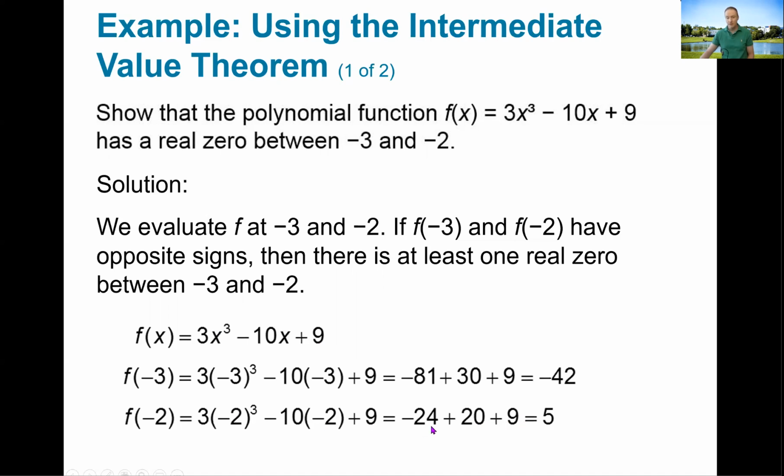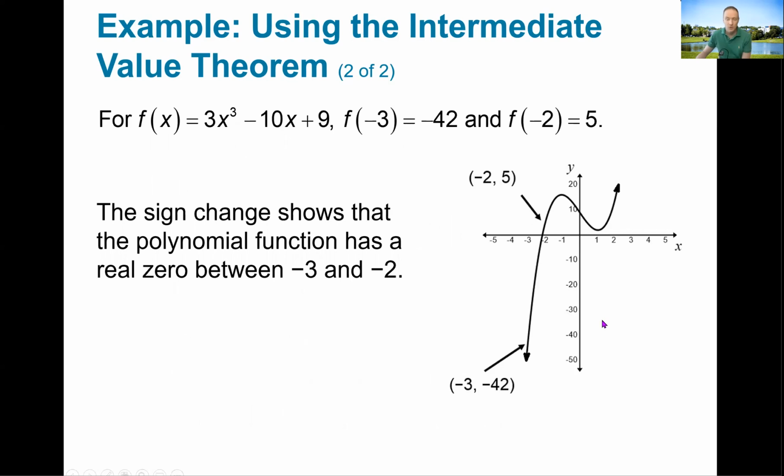I can say, well, that's going to be 29 minus 24, which is a positive 5. So I've gone from (-3, -42) to (-2, 5). You can't go from a negative y value to a positive y value unless for some x value in between -3 and -2, the y value was 0. So that's what I'm showing here on this page.